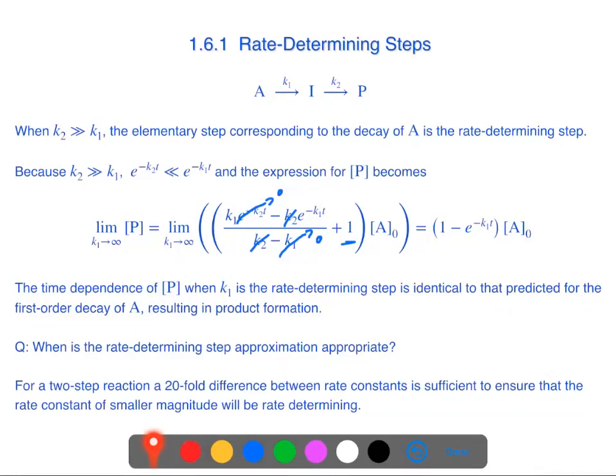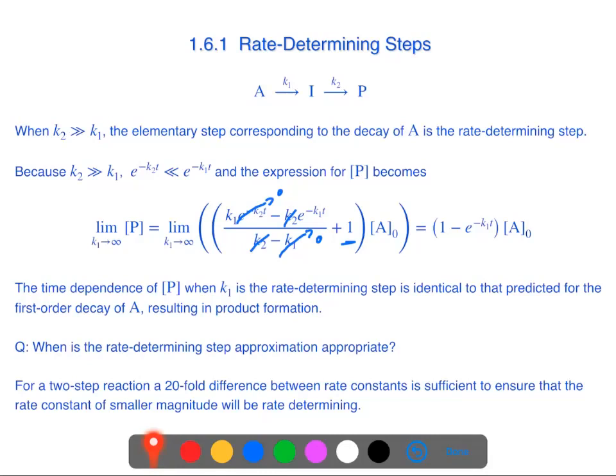So a good question to ask oneself is, when is it appropriate to use this rate determining step approximation? The general rule of thumb is that for a two-step reaction, as in this example, a 20-fold difference between the magnitude of the two rate constants is sufficient to ensure that the rate constant of smaller magnitude will be rate determining.